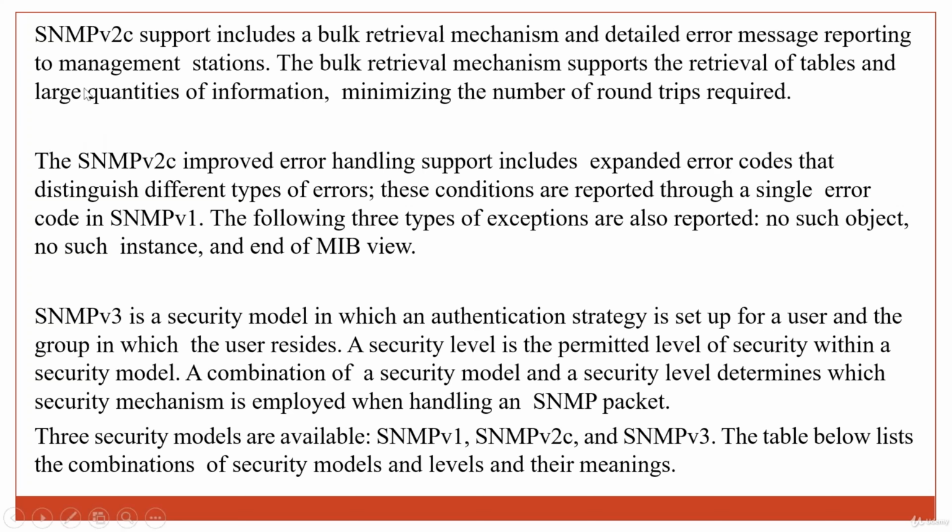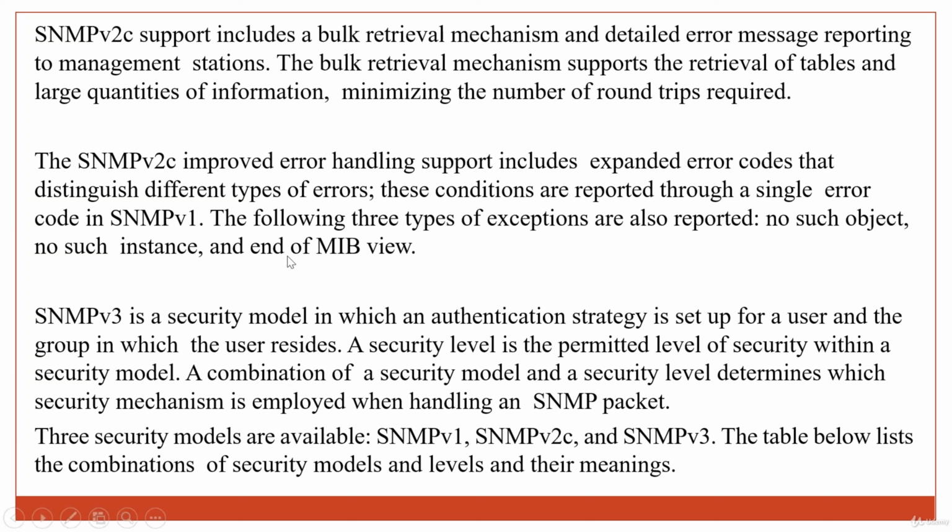All right, so version 2C can get a large volume of data with less expense. Expense here means the memory, the round trip delay, etc. That's the power we have with 2C versus SNMP version 1.